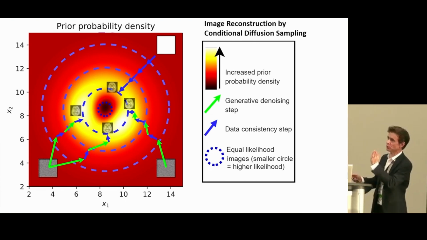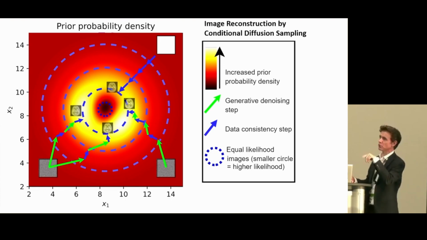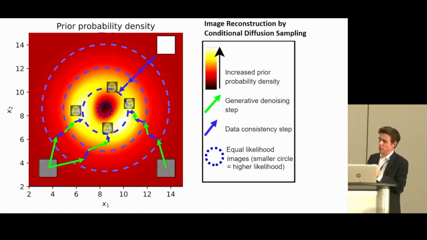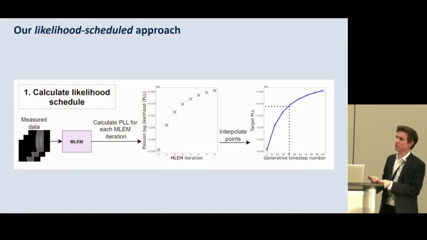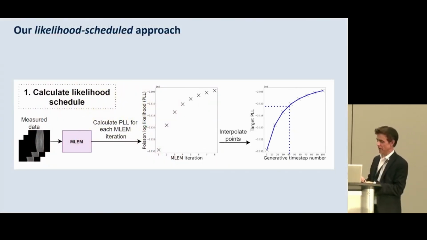That's going to head towards some kind of level of Poisson log likelihood, and for a given Poisson log likelihood level shown by those circles, we're then going to sample from the posterior at a fixed Poisson log likelihood. So that's what we have proposed here.